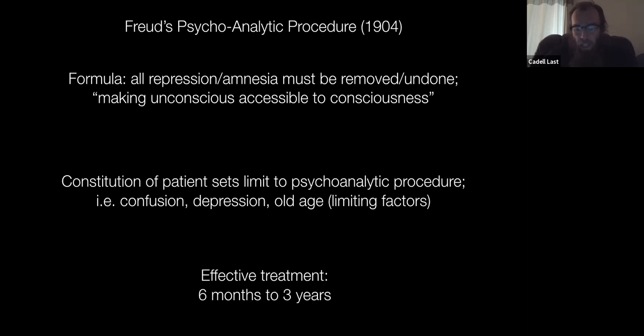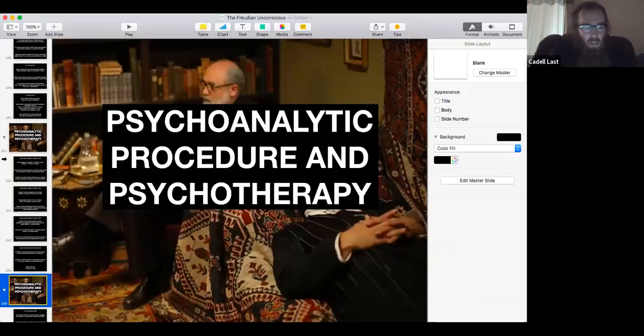Otherwise, there are going to be too many limiting factors. And he also says that effective treatment really takes 6 months to 3 years. In the next paper, we're going to go deeper into what Freud thinks are the downsides of the psychoanalytic method, which I think will be extremely interesting for us to talk about. But that is basically that.